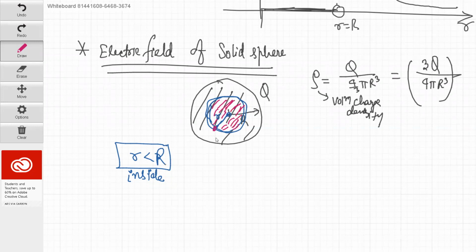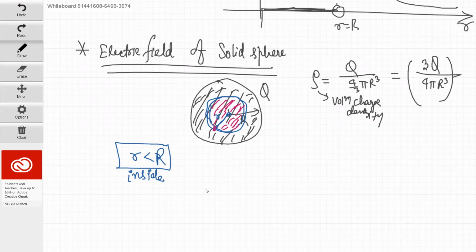This black part will not create any electric field inside it, because charge has a tendency to create electric field outside it, not inside it. Is this okay?